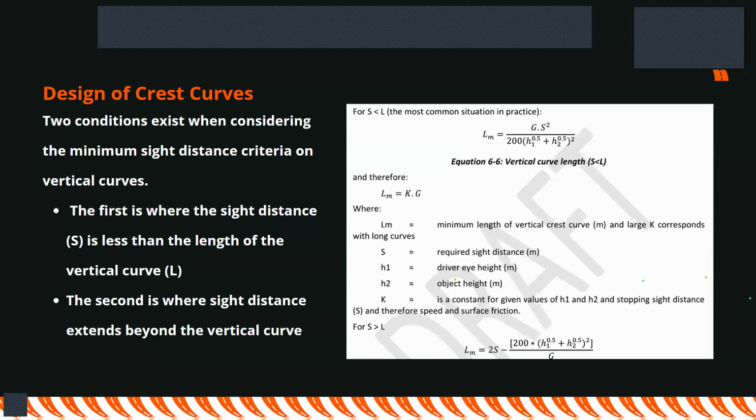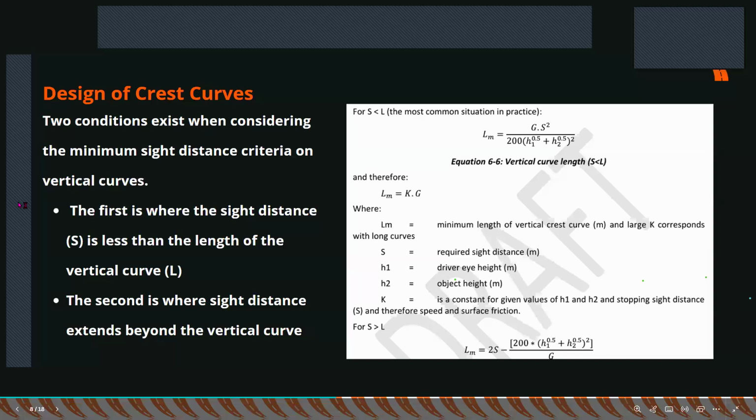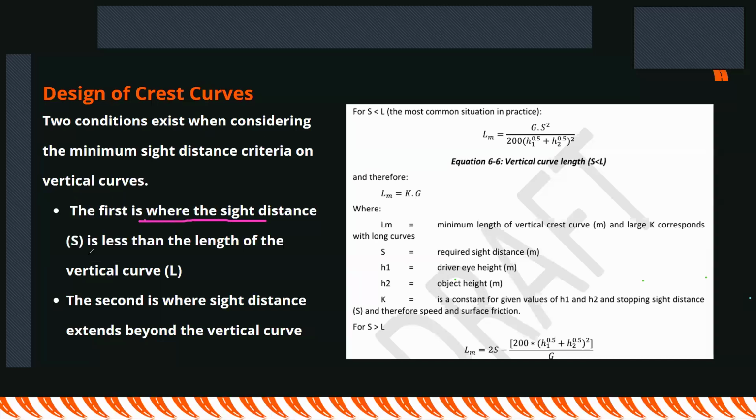So the first condition is where the sight distance, let me underline that so that we can stay guided, is less than the length of the curve. I don't know whether you can picture that. The sight distance that is required for that section is less than the length of the curve.